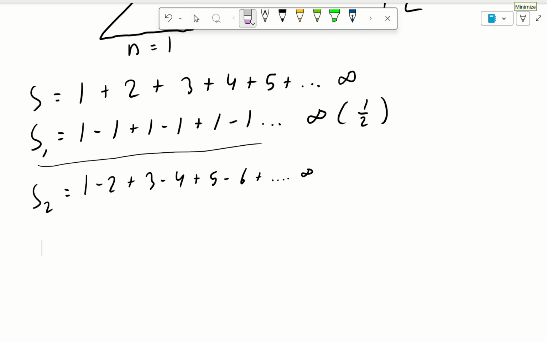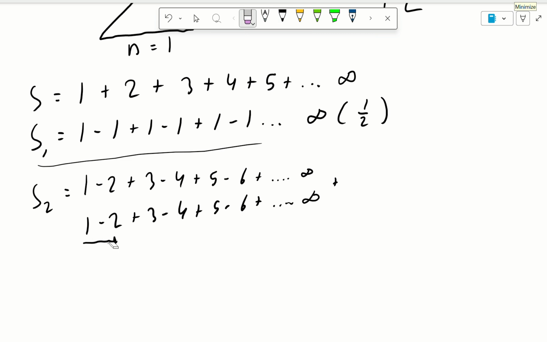Next, we're going to look at sum 2. For this sum, we're going to add two of these sums together. So we're going to write this down another time. Then we're just going to add these two together. However, before we do that, we're going to shift the bottom one to the right.